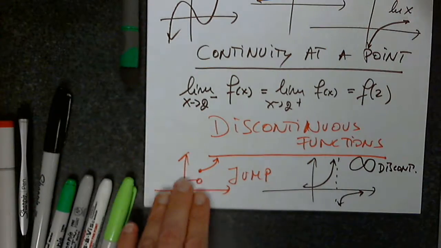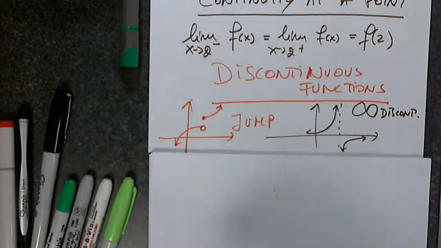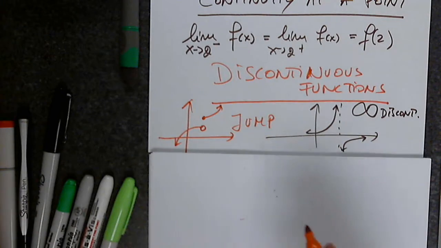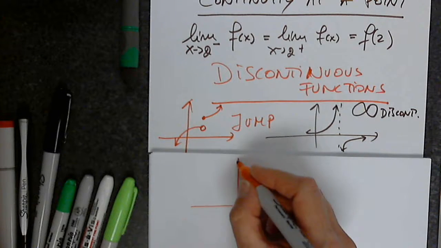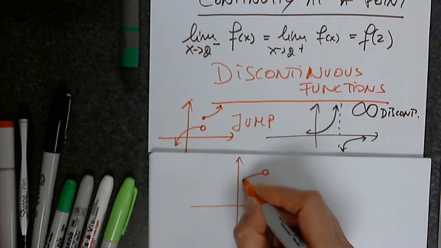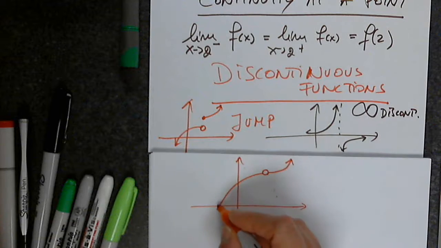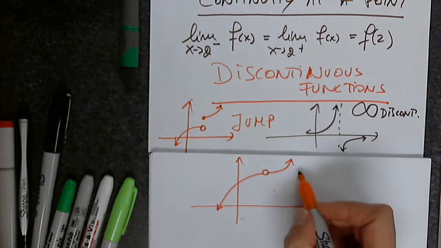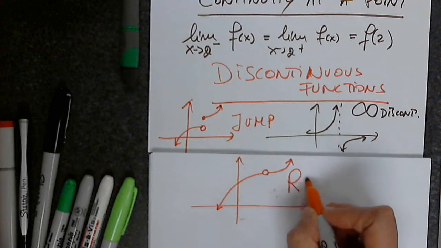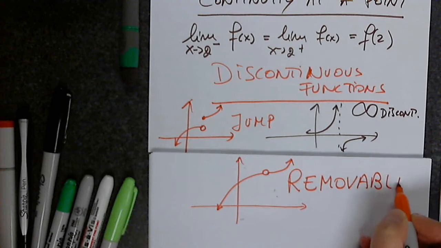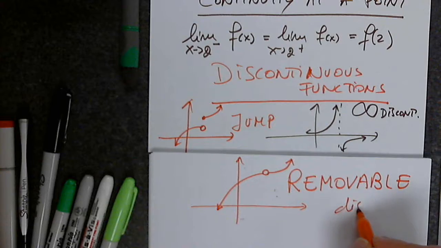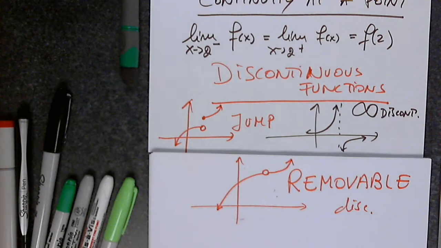And there is a third type. Very important. This is a so-called removable discontinuity.